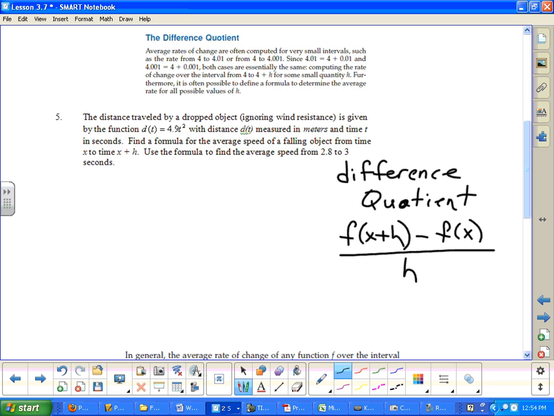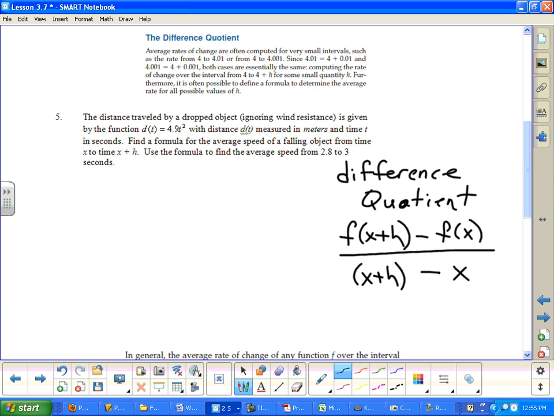Now notice in the denominator, if I use that same thought process, we would have x plus h as our larger value, larger x value minus x, our smaller value. Well, what happens if I simplify what's in the denominator? What do we get? We just get h.